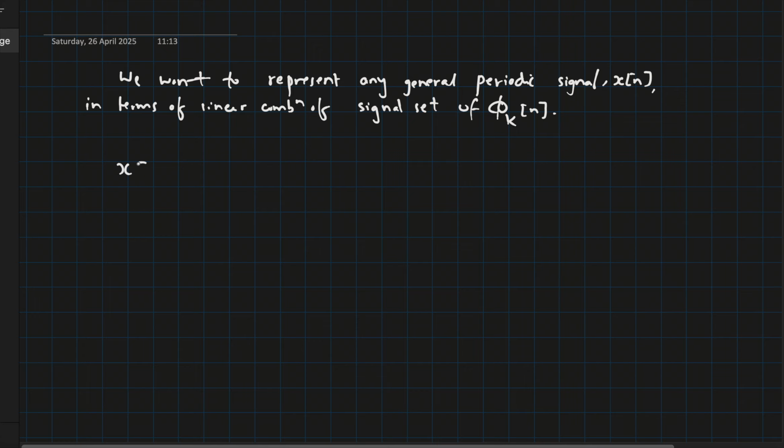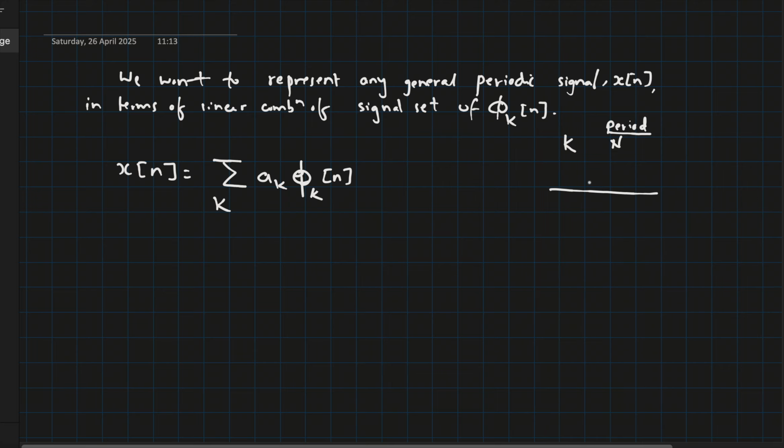So x of n equals the summation over k of a k phi k of n, and we know this k value is for period N, and this can be started from anywhere.